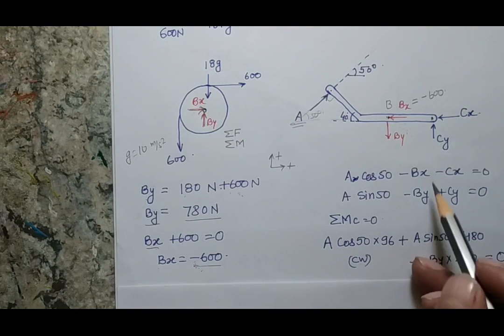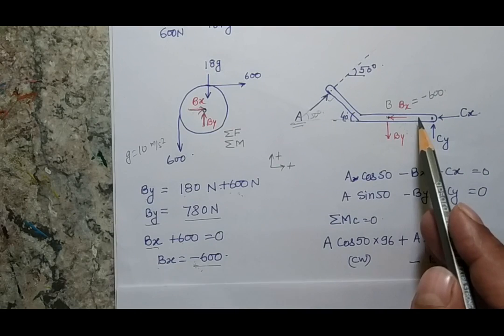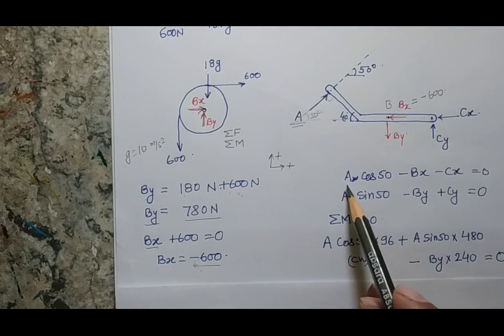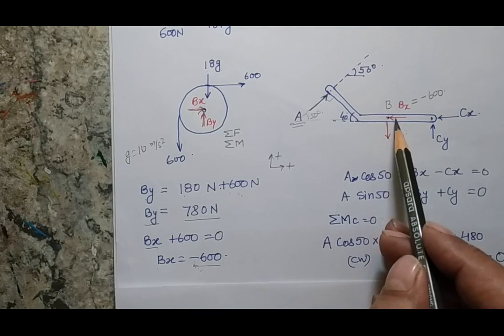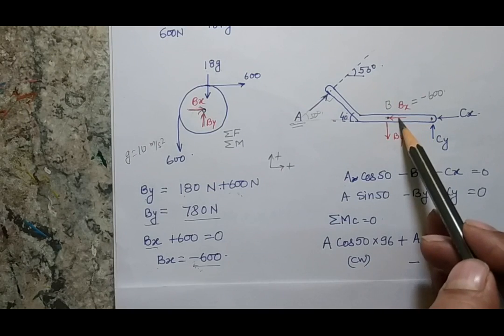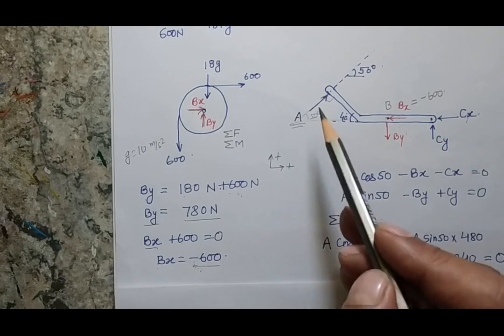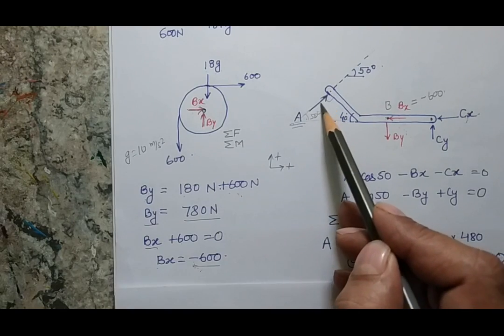Now if I write the equations for the forces and moment for this free body diagram, first let's write the equation for the horizontal force balance. So in my case, how many horizontal forces? One horizontal force of Bx, one horizontal force because of the Cx, and one horizontal force will be a component of this force.